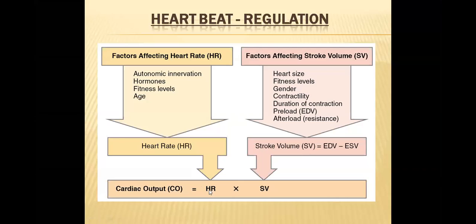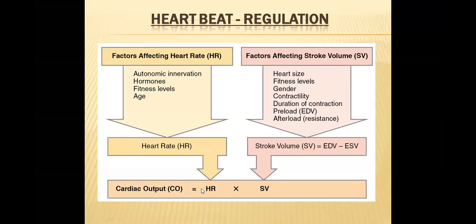If the heart rate is decreased or increased, it is going to either decrease or increase the cardiac output beyond the normal range. Whether it is very low or very high, both conditions are not good for the individual. That may even lead to the death of the individual. So for that purpose, the cardiac output or heart rate should be controlled.